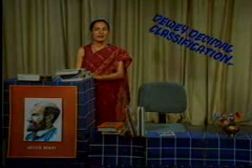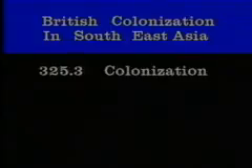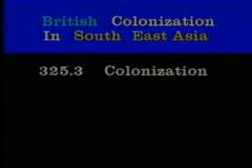Let's take another example: British colonization in Southeast Asia. The subject of the document is colonization. The ready-made number is provided in the schedule: 325.3. We have two geographical entities which are to be added to the subject.